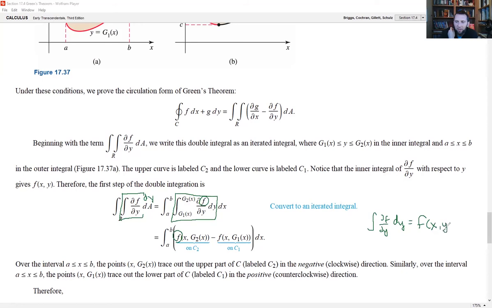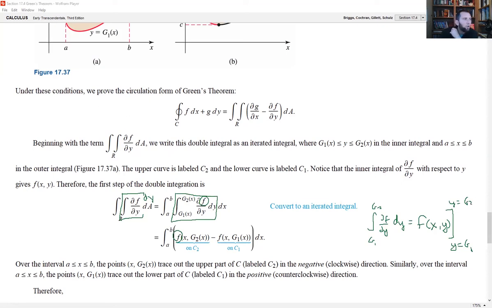And here I'm ignoring the constant, and then we would evaluate that from the lower point to the upper point. So we're going to evaluate from y equals g1 to y equals g2.